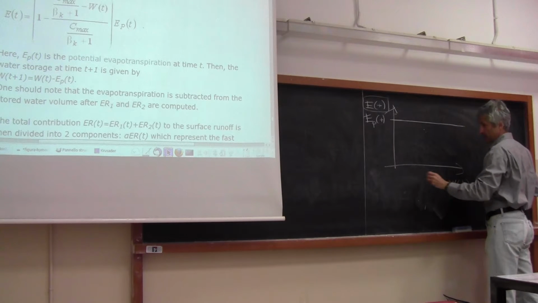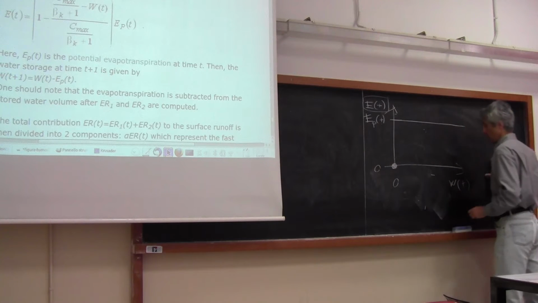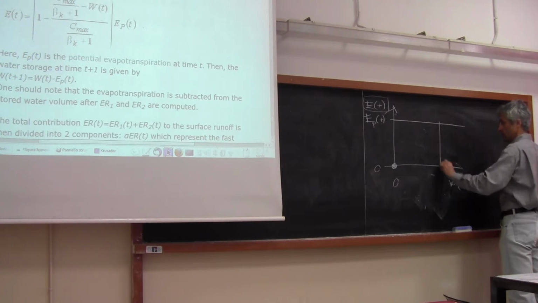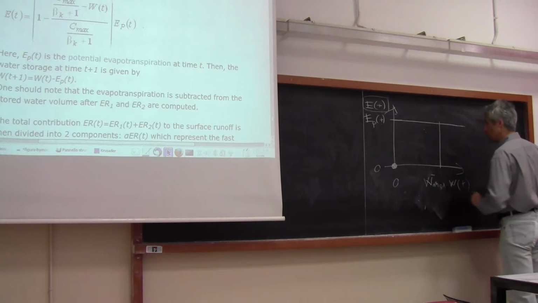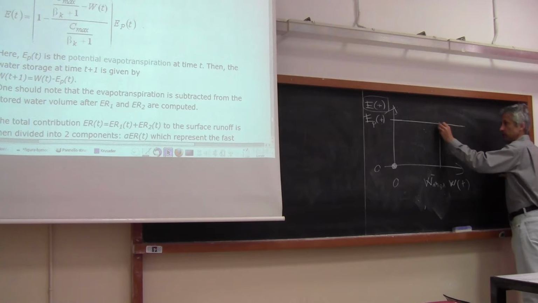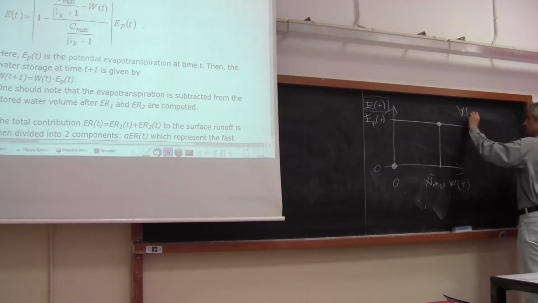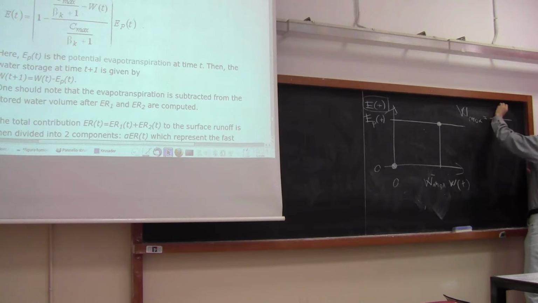So let's start from 0, 0, and get to EPT for a value of W max. And remember that W max is equal to C max divided by beta k plus 1.